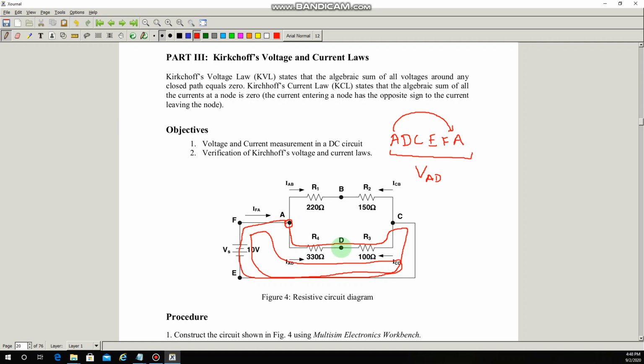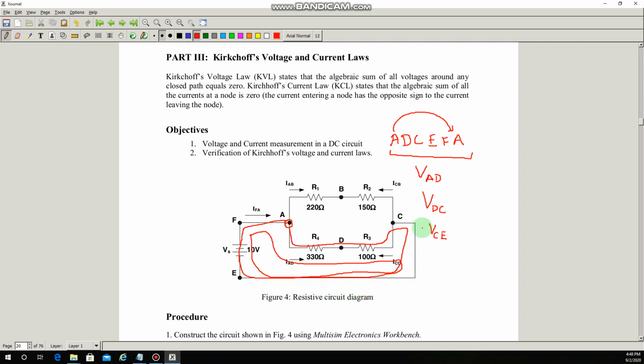Similarly, I have two nodes D and C, and the voltage between these two nodes will be represented by VDC. What about VCE? VCE is the voltage between the two nodes C and E. Now, interestingly, in this particular case, C and E are the same node, right?